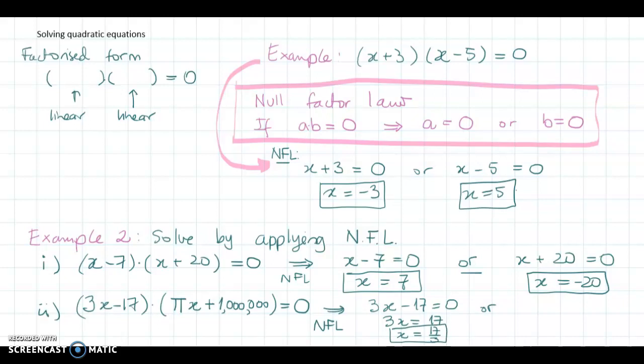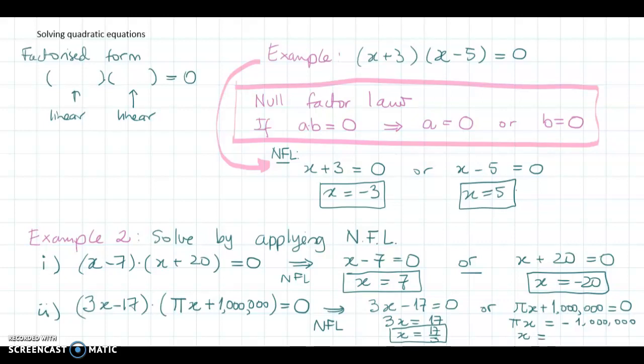The other option is that pi x + 1 million = 0. Then I subtract 1 million on both sides, so pi x has to be equal to -1 million. But I don't want to know how much pi x is, I want to know how much x is, so I need to divide by pi.